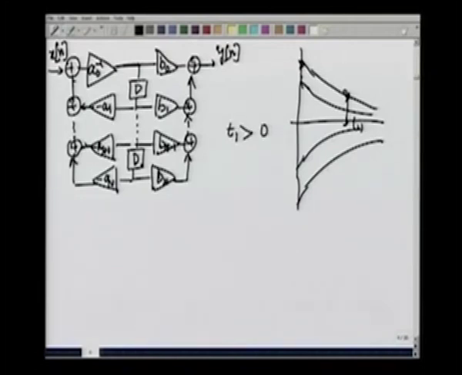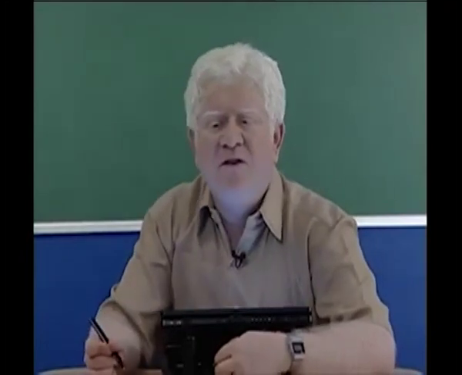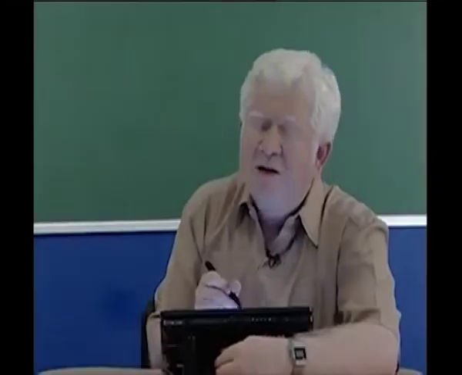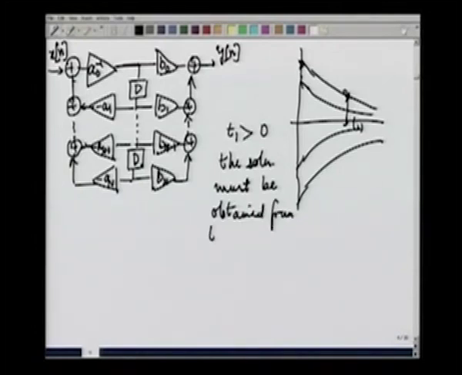Now, if you want to solve the differential equation and get a unique solution, a unique curve that represents the solution, then that curve should be drawn from t equal to 0 to t equal to infinity. That means the solution must be obtained from t equal to 0 to t equal to infinity. This is obviously what we require.